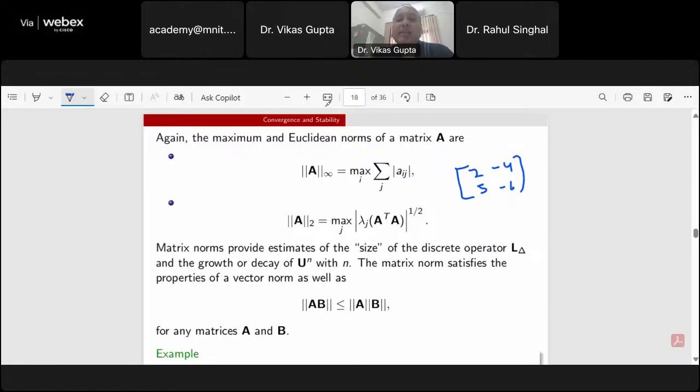So to find the maximum norm, first we add the absolute value of each entry for each row. So for the first row, we are having mod 2 plus mod minus 4. For the second row, we have mod 5 plus mod minus 6.